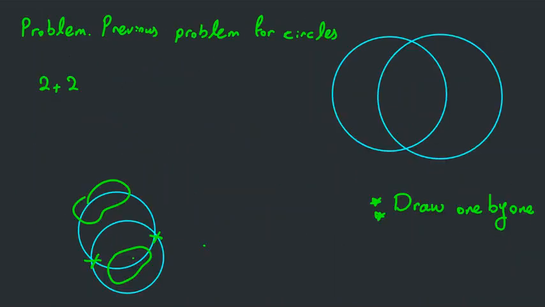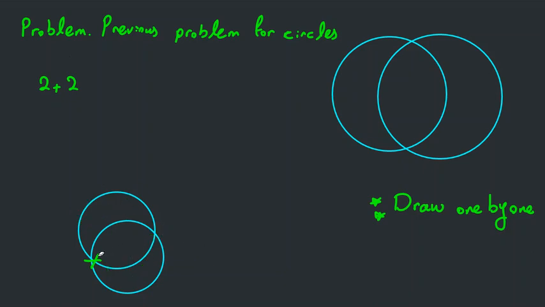But in circles, it is equal to the number of intersections: 2 intersections and 2 regions. The reason is that a circle is a closed shape.